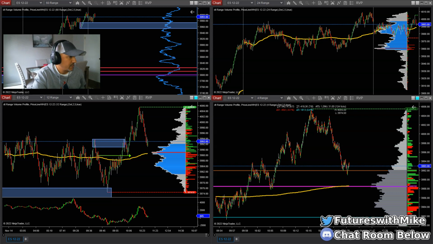This could be it. This is the actual area of demand sitting right here, guys. It's already been tested, but it can still reject this area.